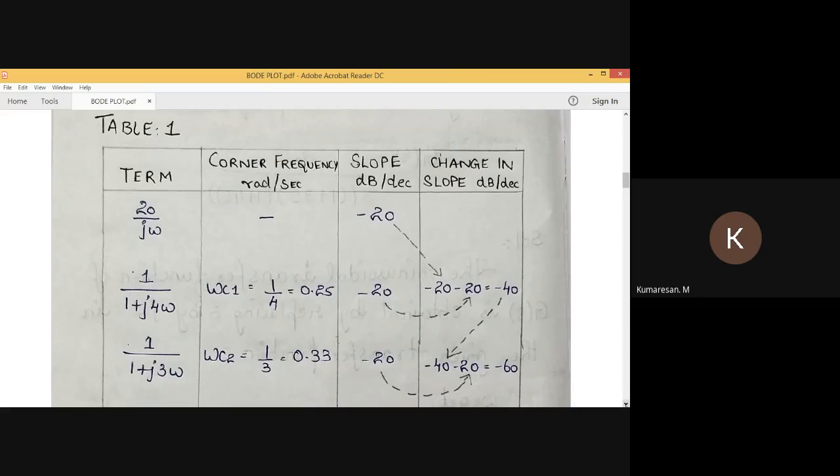We have to split the transfer function into these three terms: 20 divided by s, into the s plus 3 j omega and s plus 4 j omega factors.